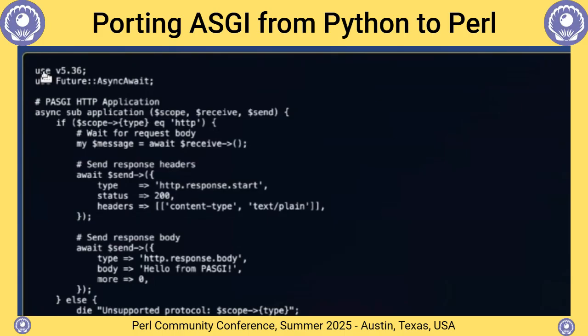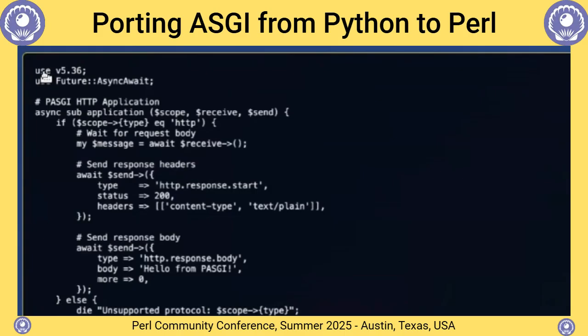So again, just looking at it here, when you're incoming, the first thing you do is check the scope. In this case, if it's an HTTP scope, I know it's an HTTP request and I want to handle it. Otherwise, and this is something I'm still trying to decide, in my example I'm just saying my application doesn't support anything except HTTP.